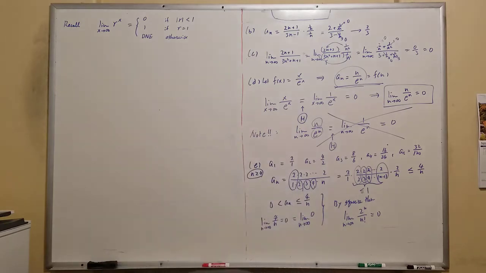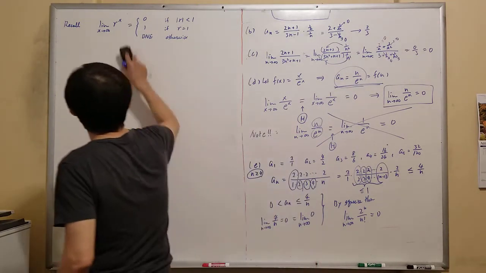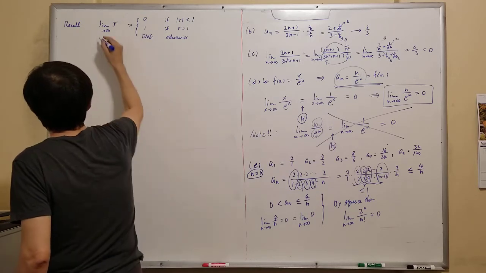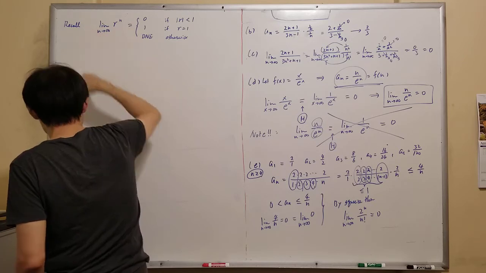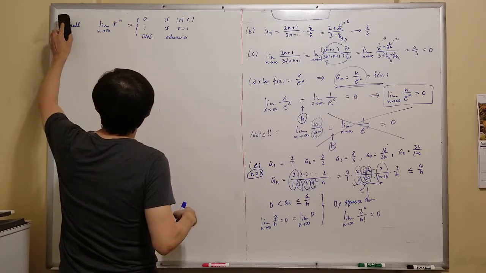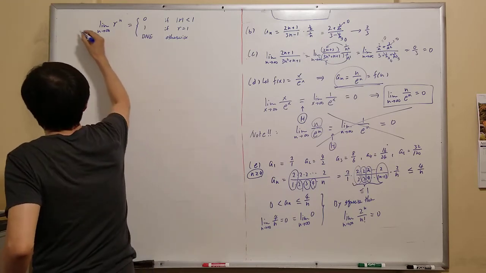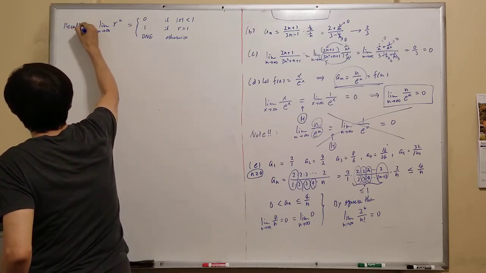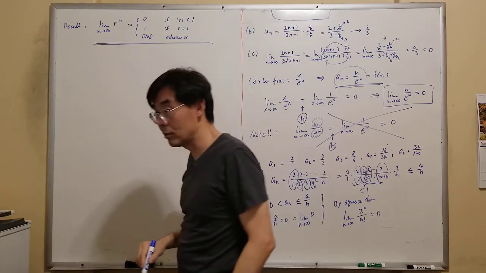Now, let's consider integer powers. If you have a rational power, an irrational power, or a negative r, it's kind of tricky. Actually, you learn this in math analysis or pre-calculus, right?